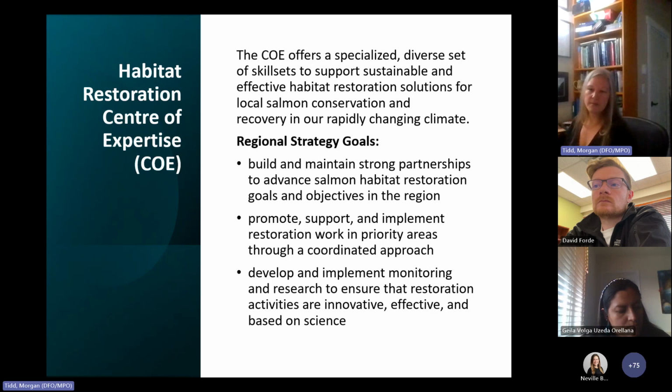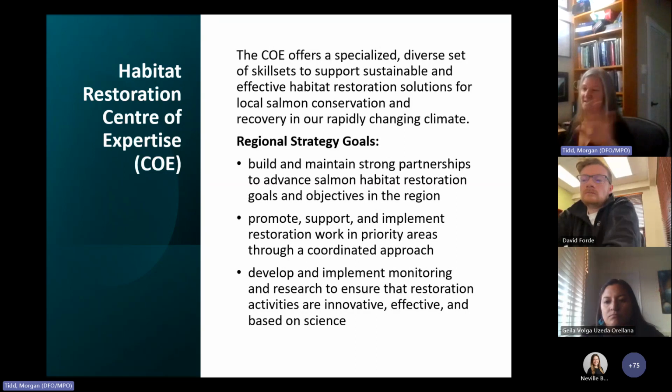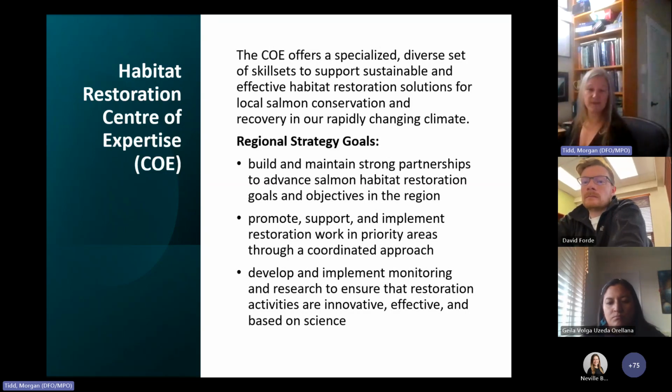And so some of the ways we're doing this are the creation of a restoration priorities plan, development of a database of restoration work so we can identify where restoration work has already been done and maybe areas that could use more, effectiveness monitoring of existing and novel restoration approaches to guide future restoration decisions, and then through the testing and implementation of innovative methods for restoration. So that's just a small piece of what it is that we're doing.